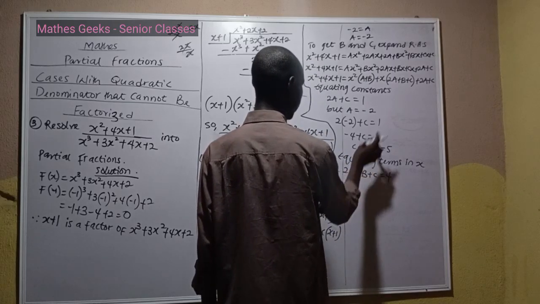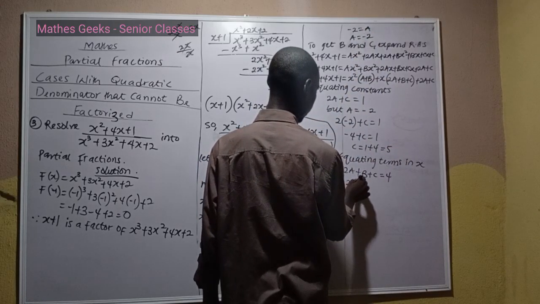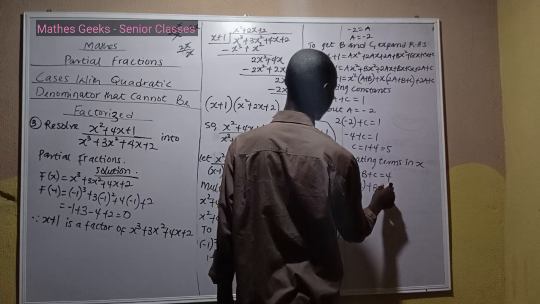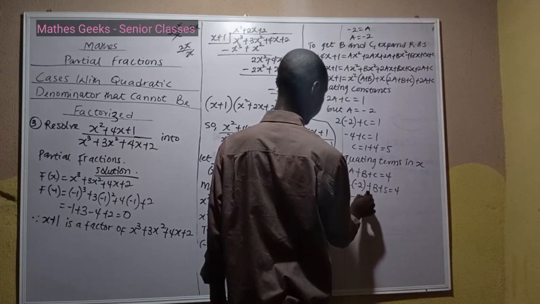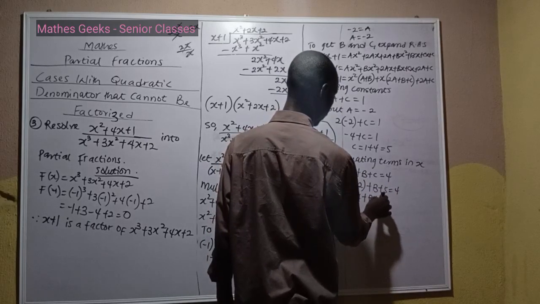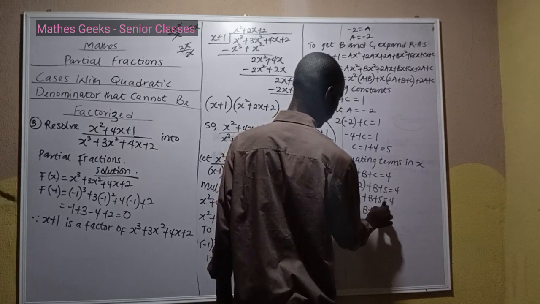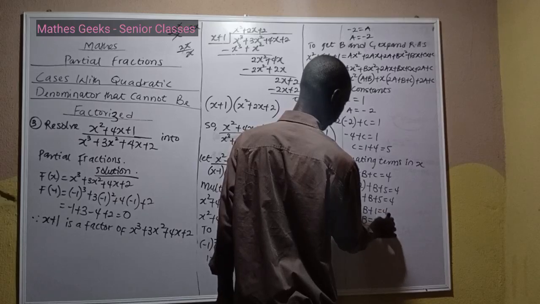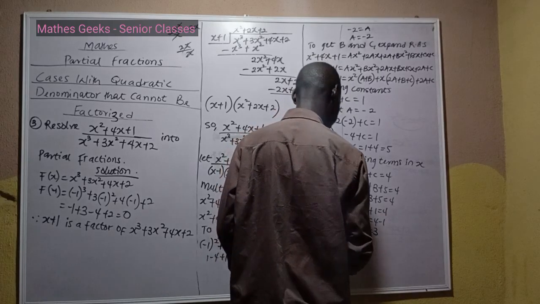So a is minus 2 and c is 5. So 2 times minus 2 plus b plus 5 equals 4. So minus 4 plus b plus 5 is equal to 4. So b plus 1 is equal to 4. b is equal to 4 minus 1. b is equal to 3.